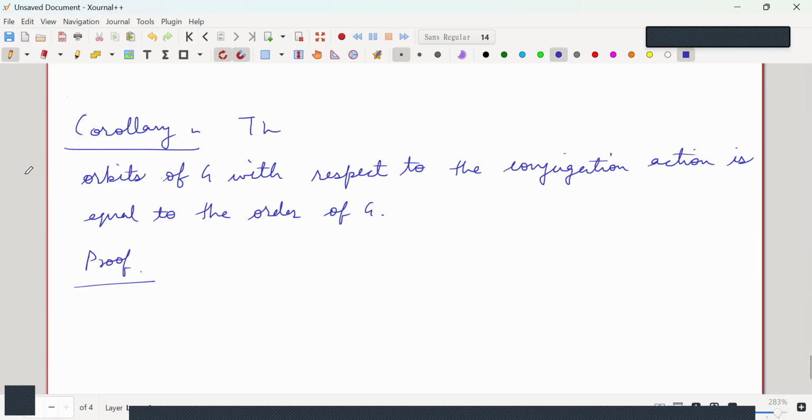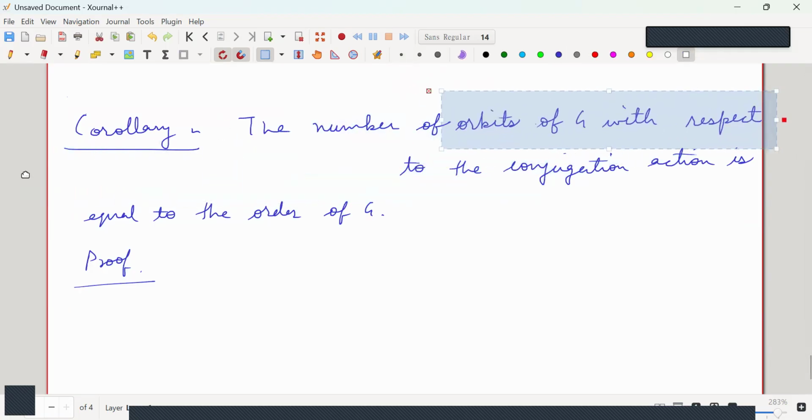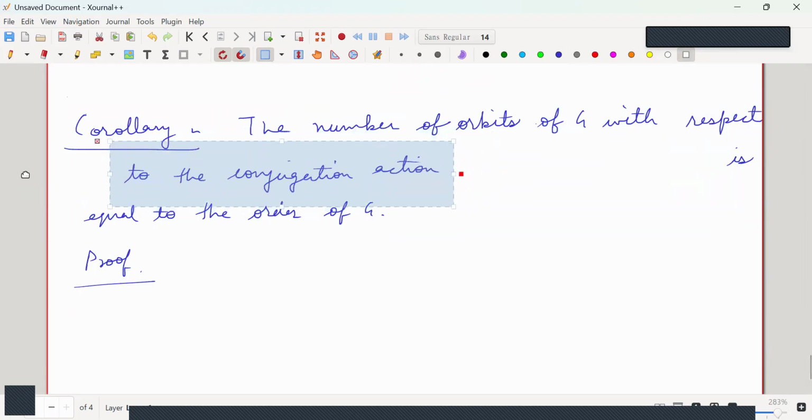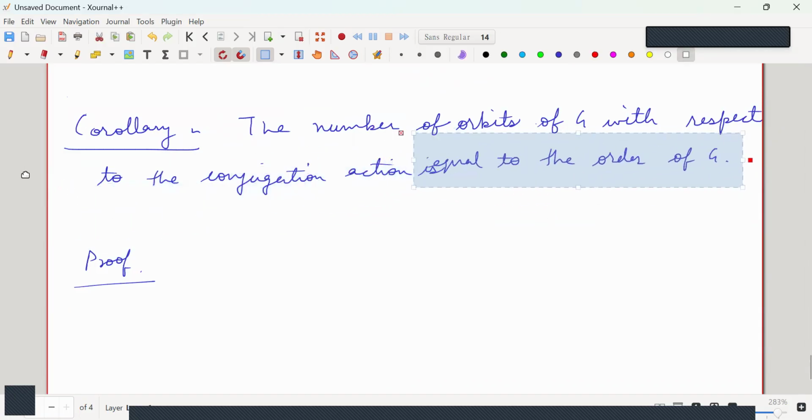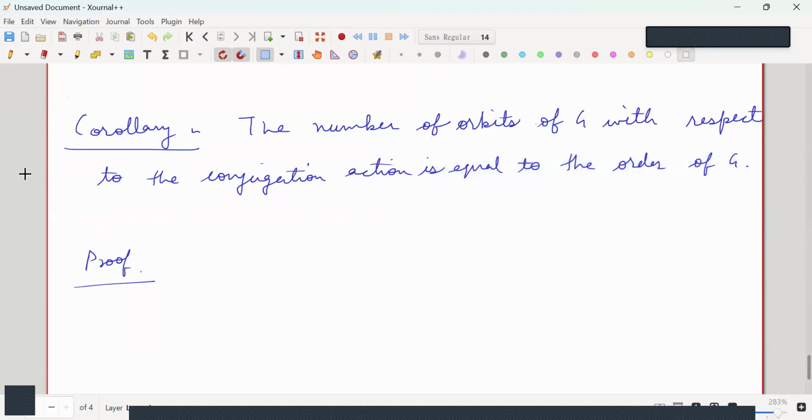So the number of orbits of G with respect to the conjugation action is equal to the order of G if and only if G is abelian, right?